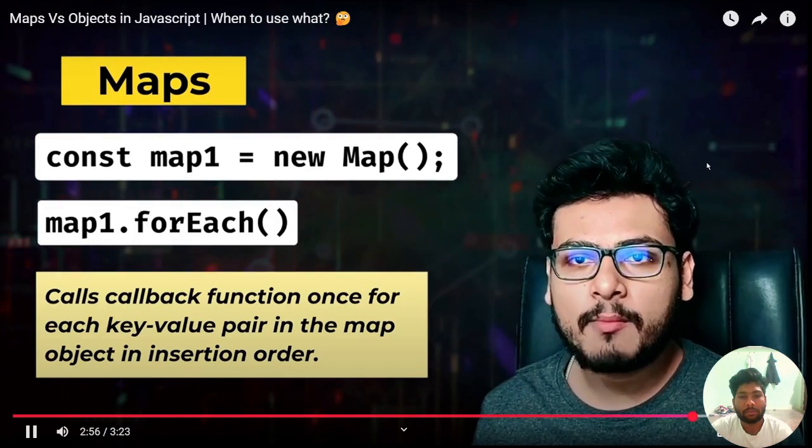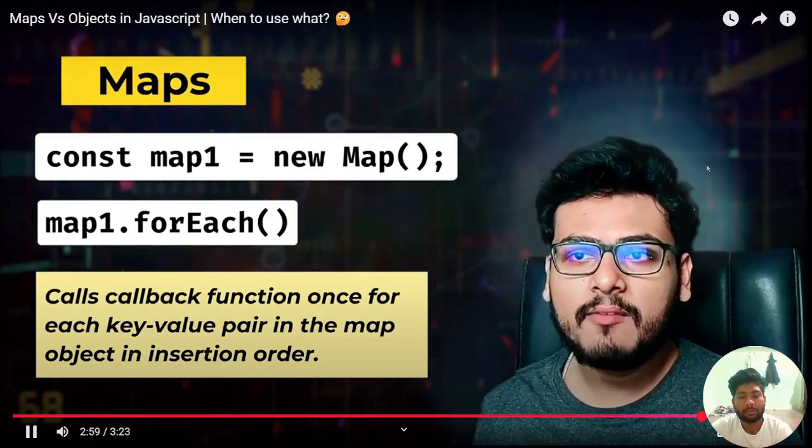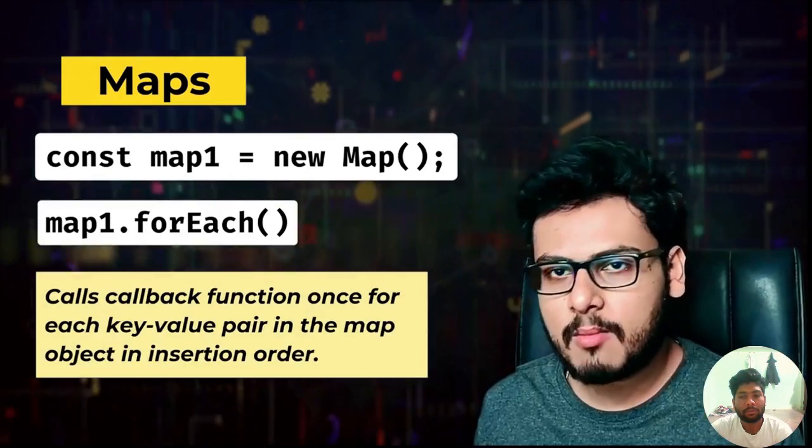If a thisArg parameter is provided to forEach, it will be used as the this value for each callback.